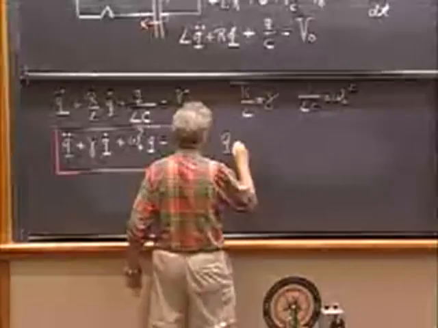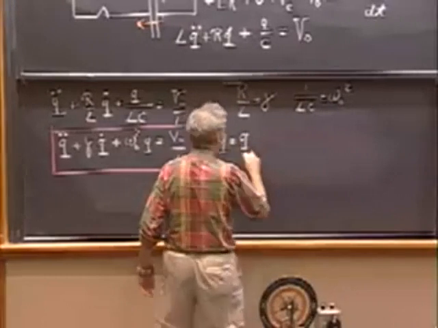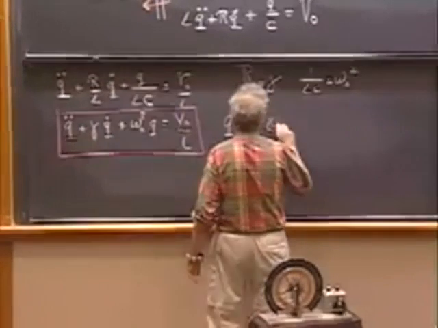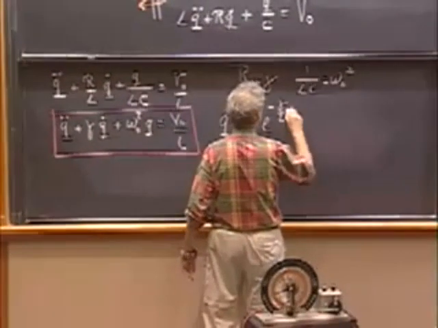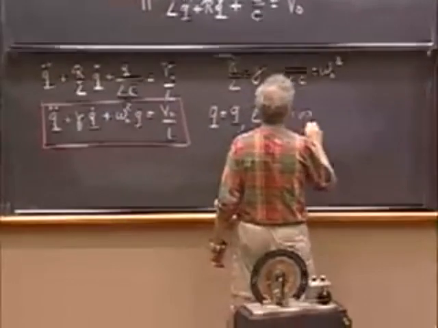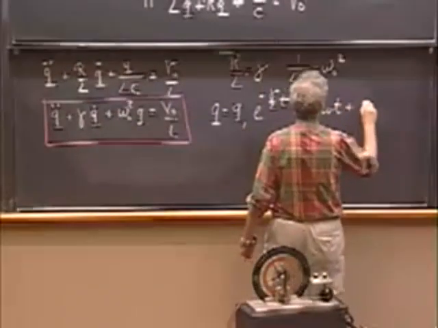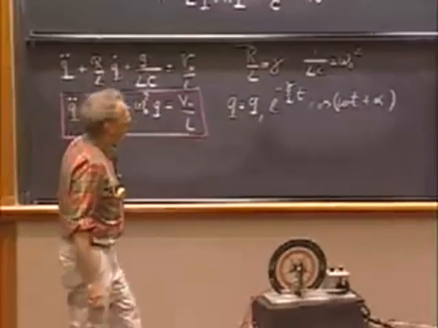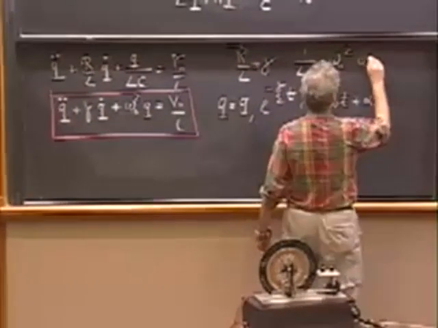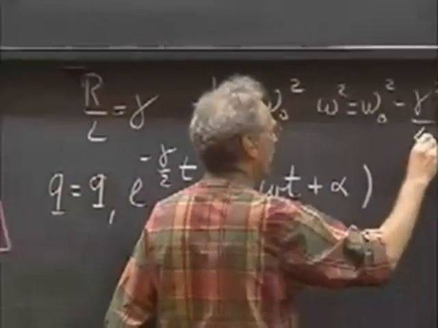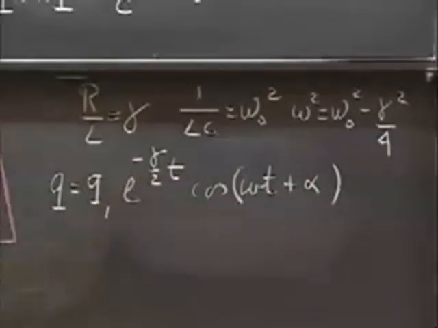Then Q would be some Q1, for which we have an A there, times e to the minus gamma over 2 times t, and gamma is this value, times the cosine of omega t plus alpha, and omega squared is omega 0 squared minus gamma squared over 4. That would be the solution if this were a 0.